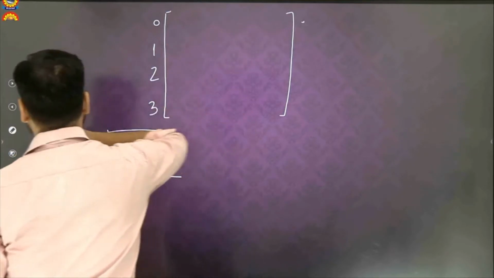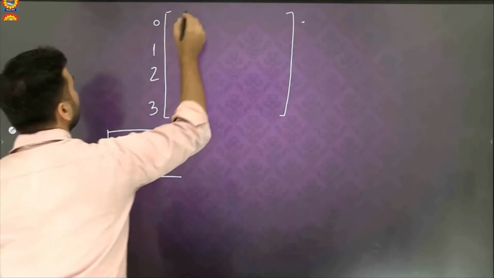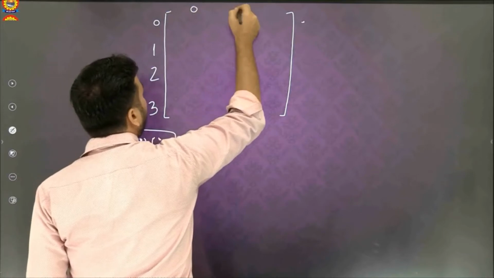So the index always starts with 0, so it is 0, 1 and 2.